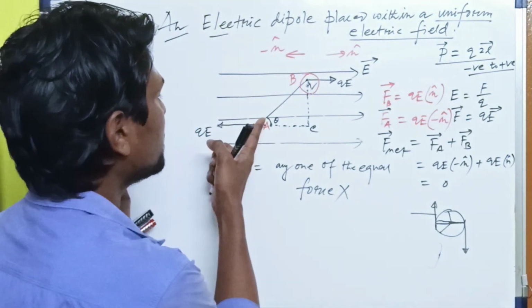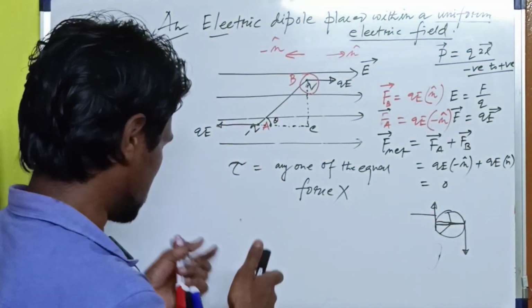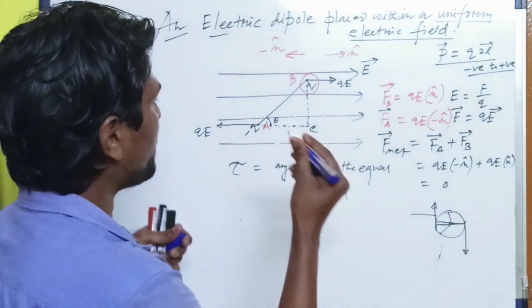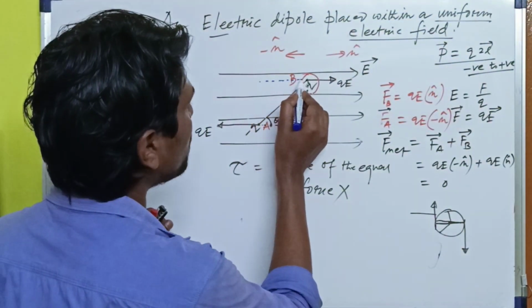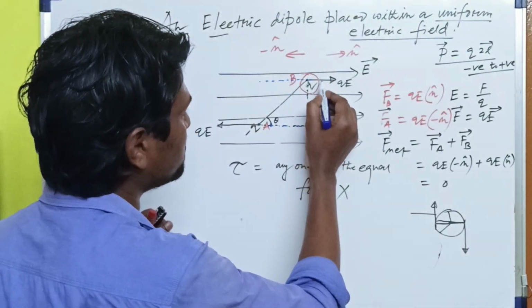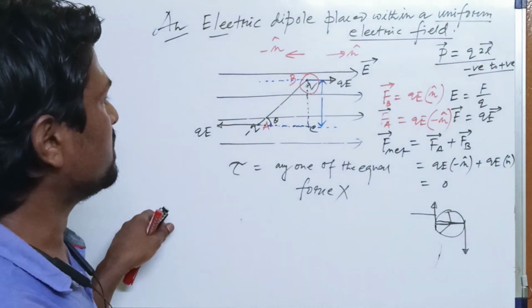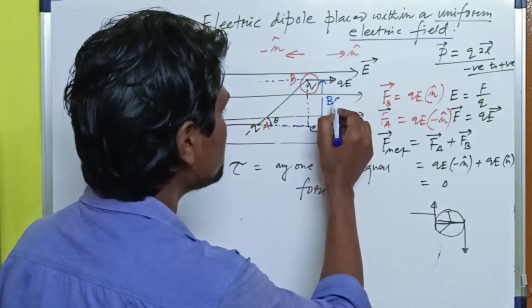So here this is not the perpendicular distance, because the line of action of this force is along that direction and along this direction. So the perpendicular distance is this. This is the perpendicular distance. That is, here it is BC.